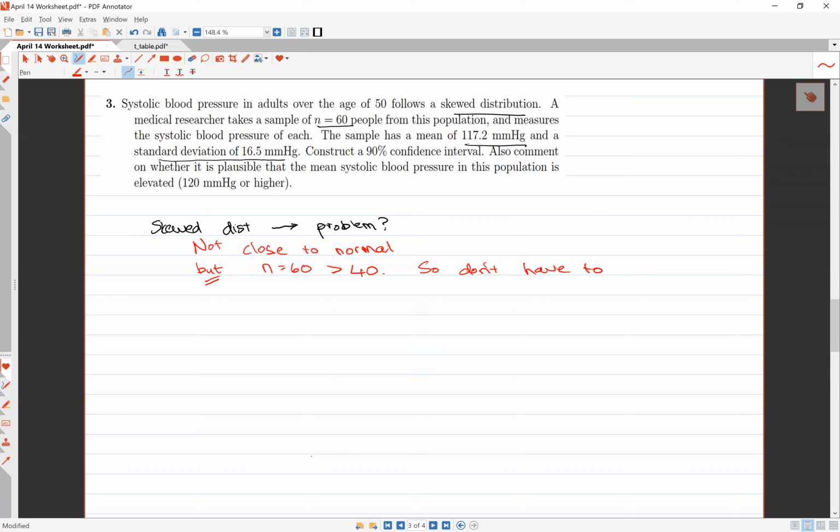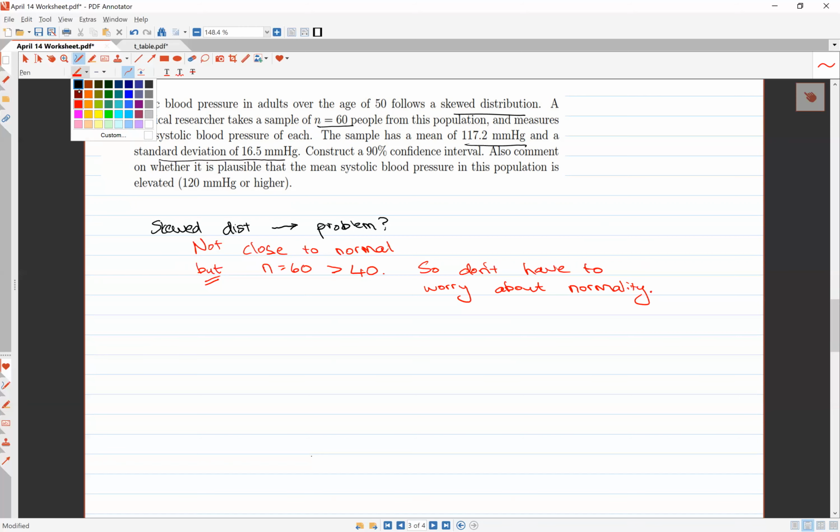Your calculation should be a good approximation. And so this is just an important check to do. I didn't talk through this on the previous example, but there it was stated that the population was normal. The moment you know the population is normal, you don't have to worry about what your sample size is.